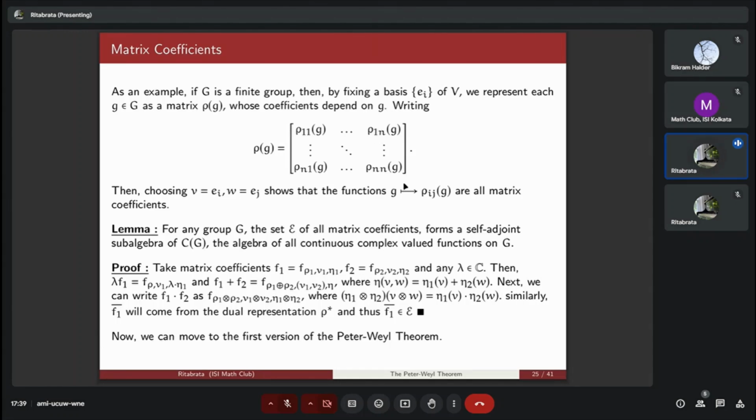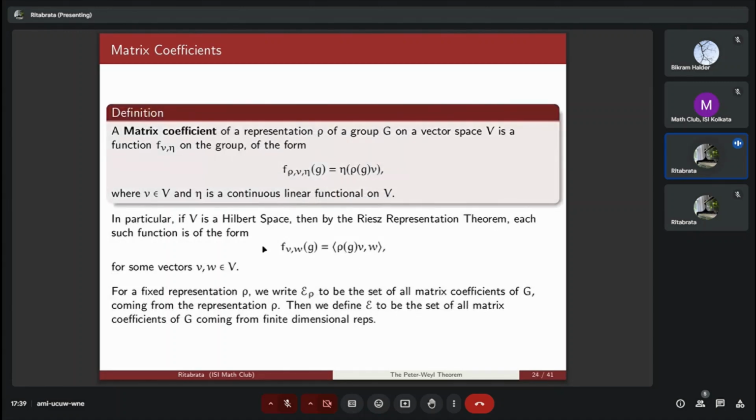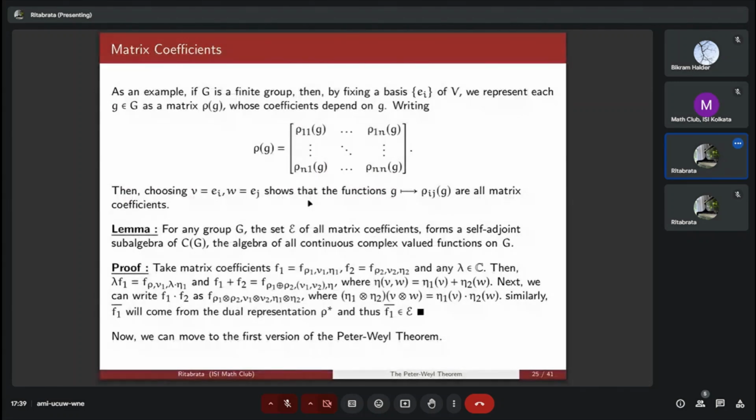In particular, from the Riesz representation theorem, they are all matrix coefficients. We can take v and w to be the orthogonal basis vectors, and this will do our job. We can use that rho are unitary operators in most cases. For finite groups, we can just take v to be e_i and w to be e_j, and it will give us the i-th and j-th slot of this matrix. That is, g goes to rho_ij(g) is our matrix coefficient.